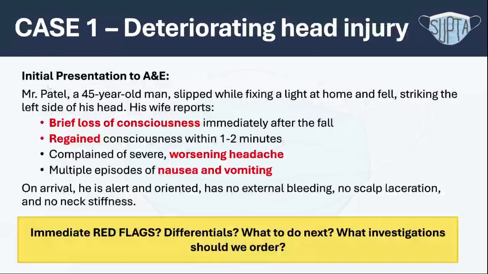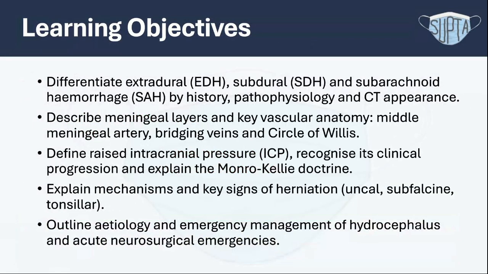In terms of learning objectives, we're trying to differentiate extradural, subdural, and subarachnoid hemorrhage by history, pathophysiology, and CT appearance; describe the meningeal layers and key vascular anatomy, like the middle meningeal artery, MMA for short, bridging veins, and, very importantly, the circle of Willis.